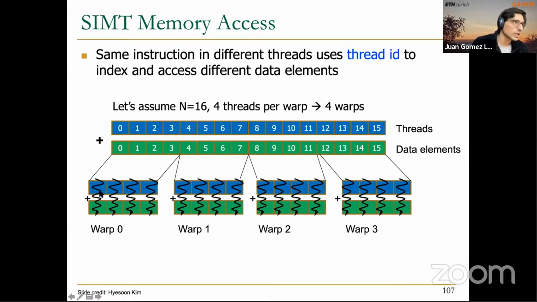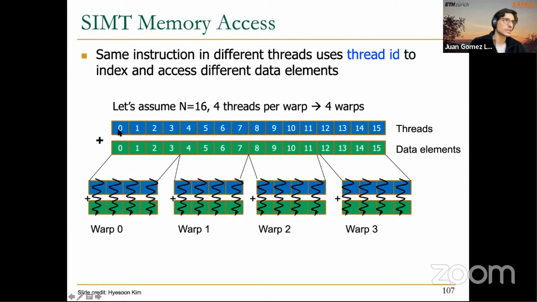And here, this guy here is thread 0, thread 1, thread 2, thread 3, thread 4, thread 5, thread 6, and so on. So in my code, whenever I need to access the blue array or this green array, I will say, okay, access the element that corresponds to your thread ID.